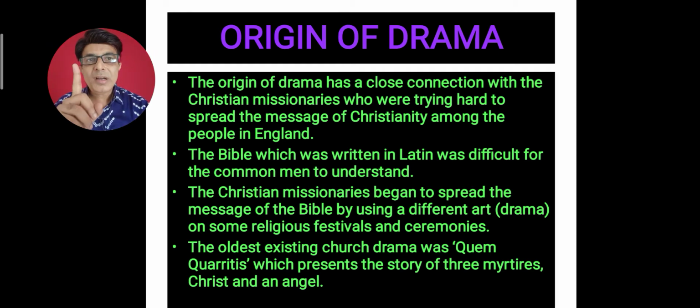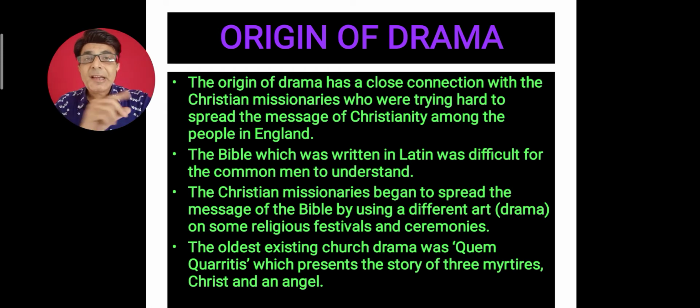And the oldest existing church drama, that was known as a church drama, was Quem Quaeritis, which presents the story of three martyrs and Christ and an angel. These scripts were written by the clergy, and they were enacted within the church by the clergymen only.